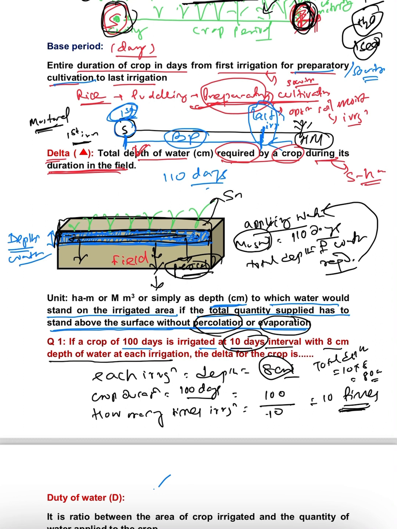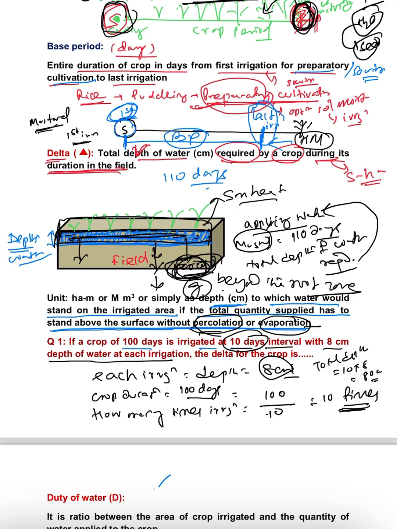Evaporation means that by the heating effect of the sun, the water will evaporate into the atmosphere. So evaporation is a loss. Percolation is also a loss, because by means of gravity the water will go downward and join the groundwater table, going beyond the root zone.